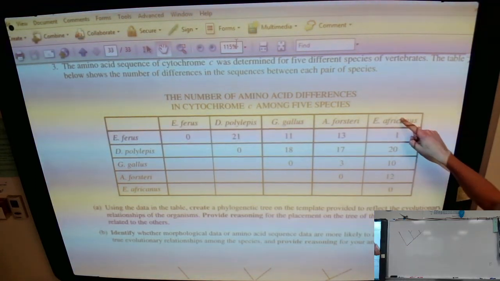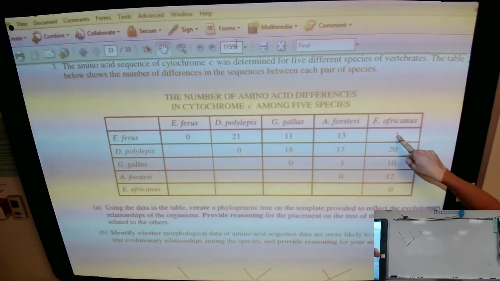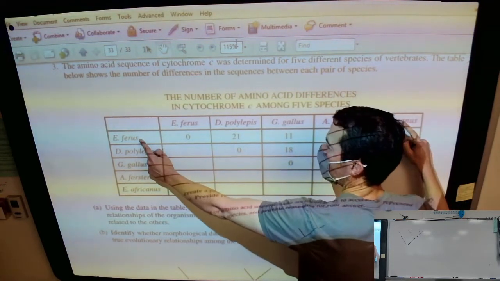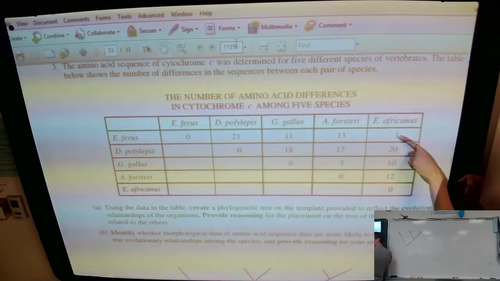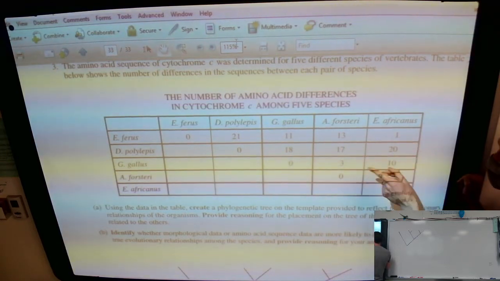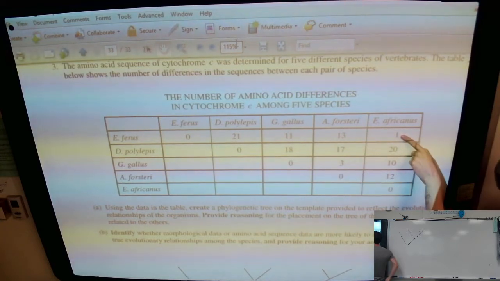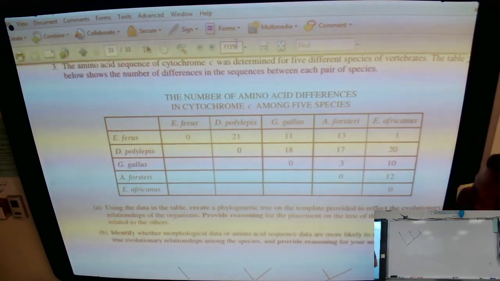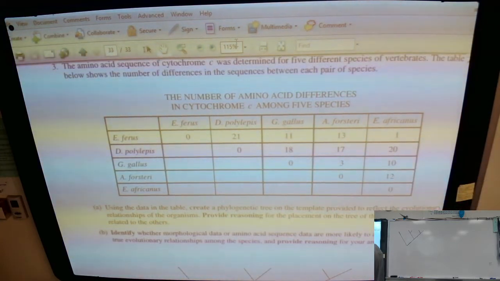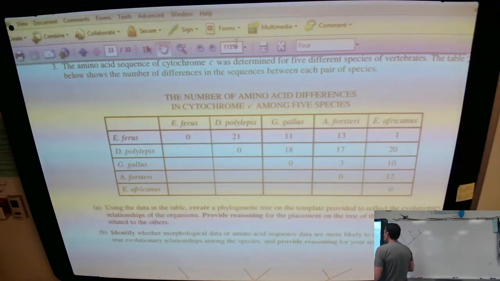It looks like this one right here and this one right here only have one amino acid difference. At first, glancing through, you might think that one's three, but that one's only got one difference. I don't even know what the E stands for. So E. ferus and E. africanus.